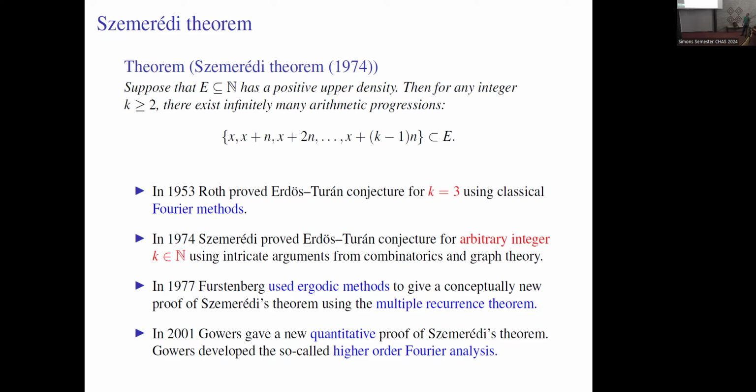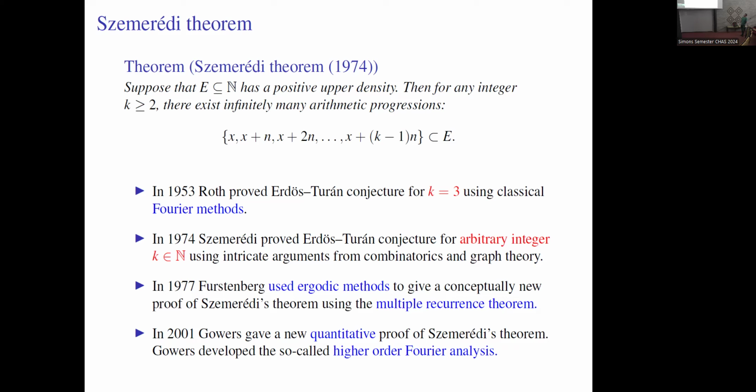But 20 years later, Szemerédi proved the Erdős–Turán conjecture for arbitrarily long arithmetic progressions by using tools from combinatorics and graph theory. This was a very big paper, still very, very difficult, and this is what we owe to Szemerédi.